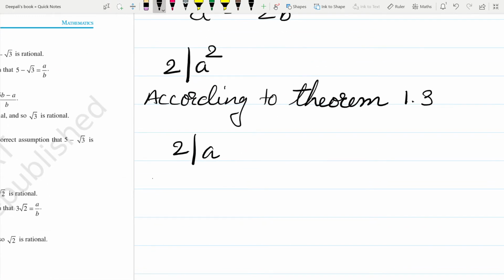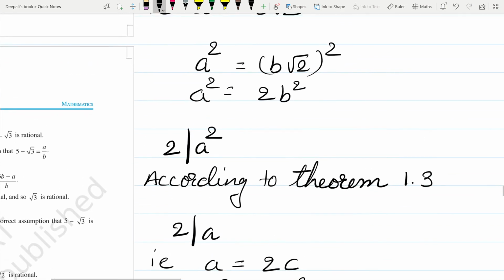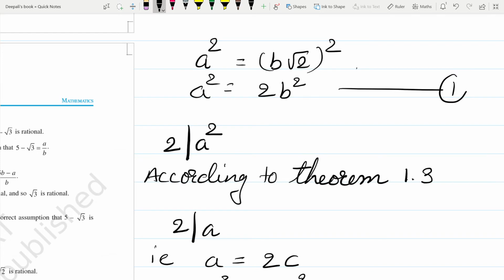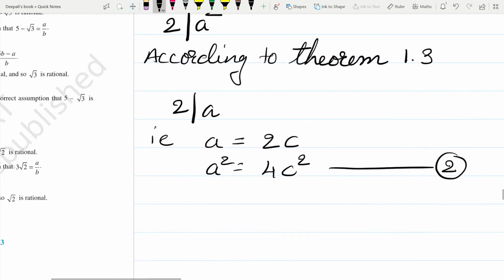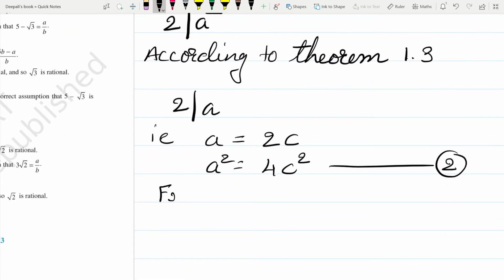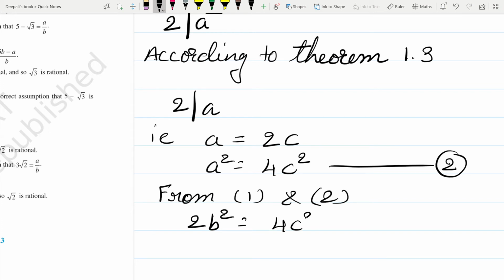That is, a will be some number 2 into c. If I square this on both the sides, I will get 4c square. Now according to result 1, a square is equal to 2b square and a square is equal to 4c square. So can I say from result 1 and 2, 2b square is equal to 4c square.